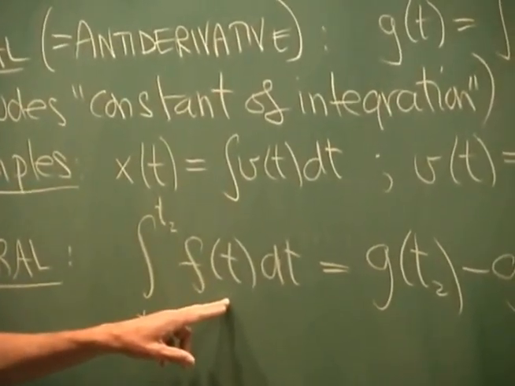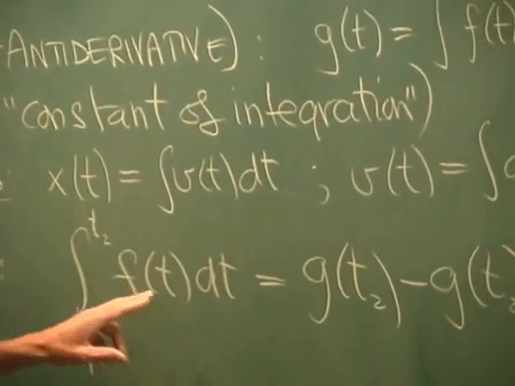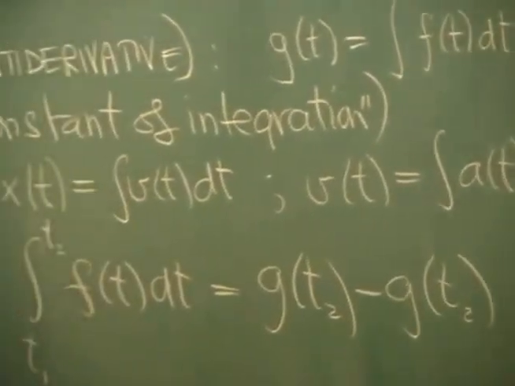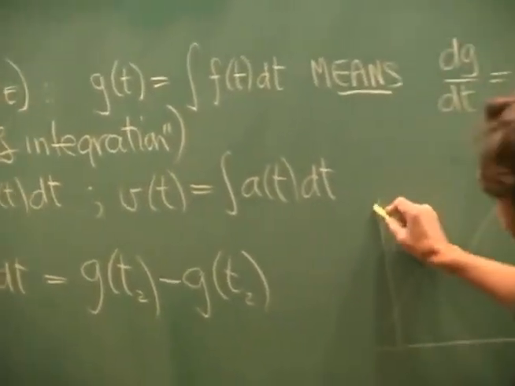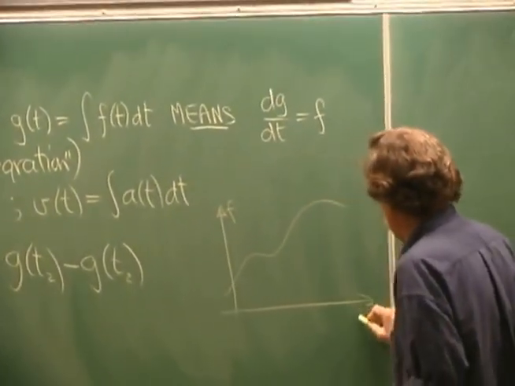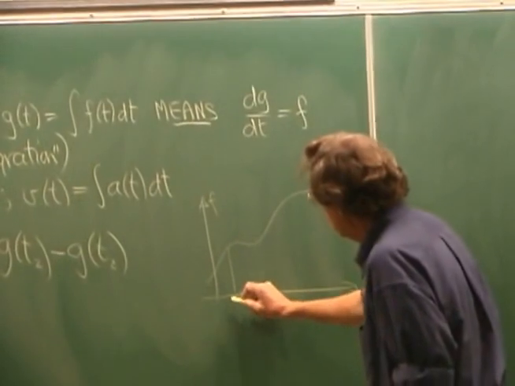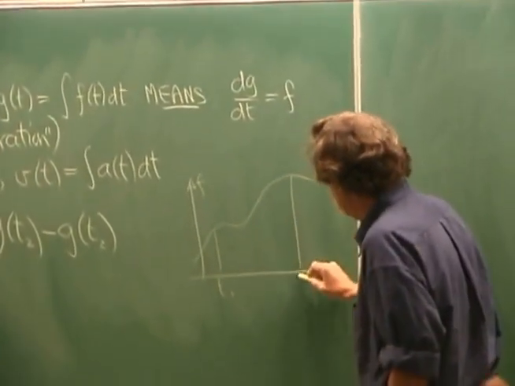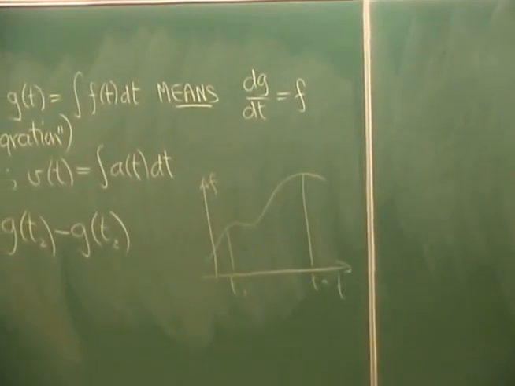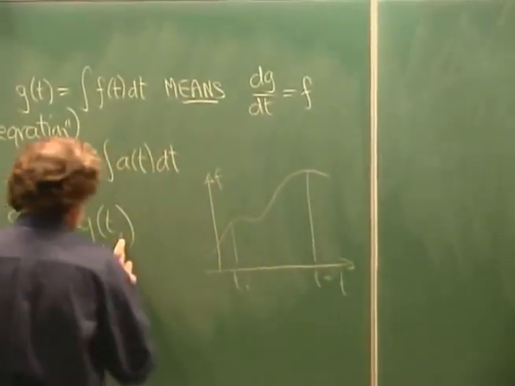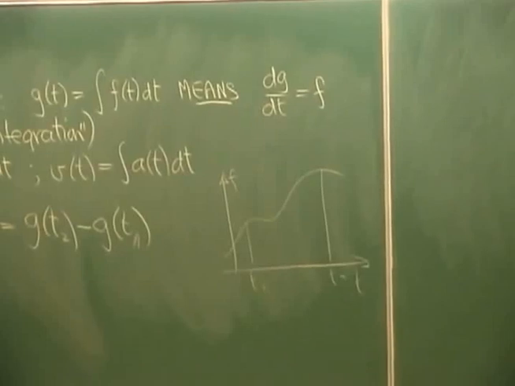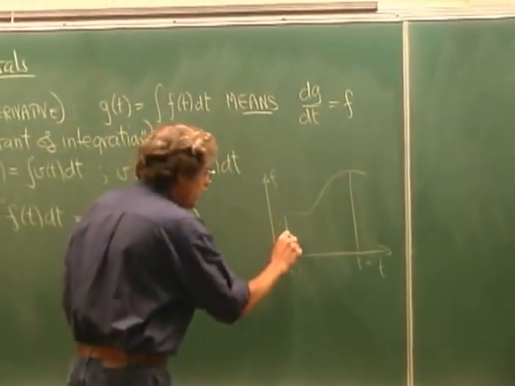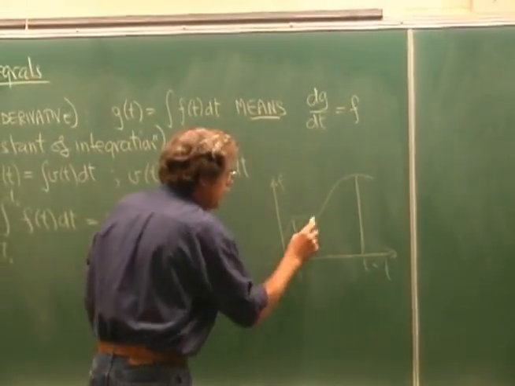Geometrically, this is the area under the graph of f of t between t1 and t2. So f of t looks like this, graphed against t. This is t1. Is that better? Okay, graphically, it's the area under the curve.